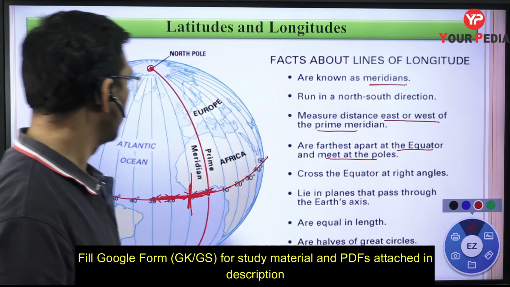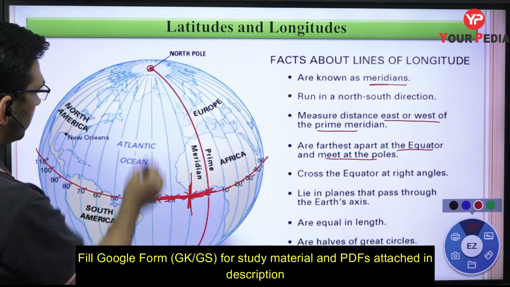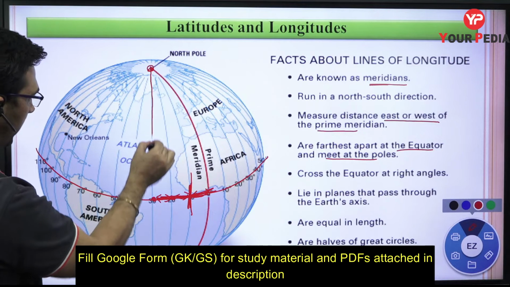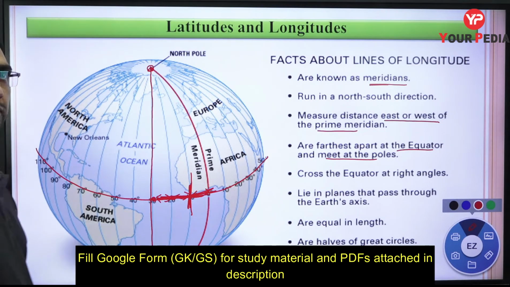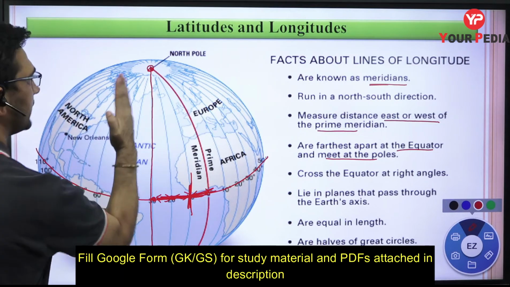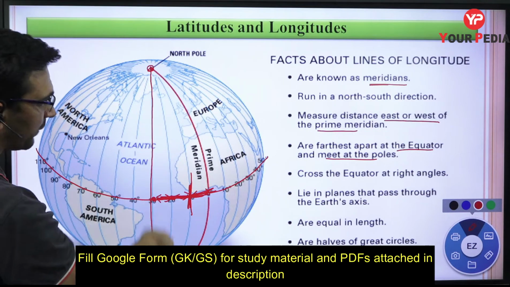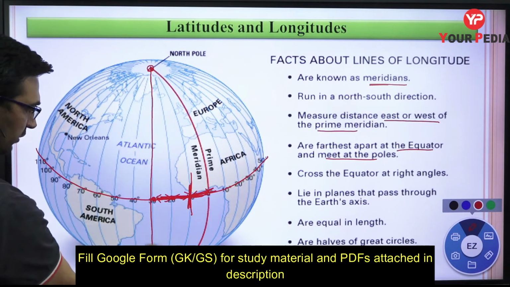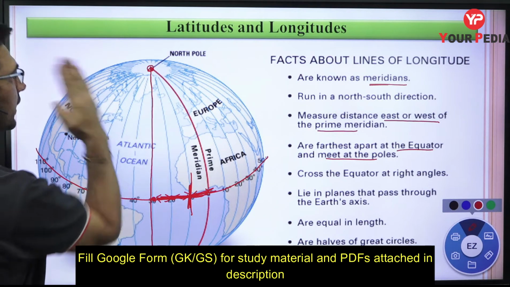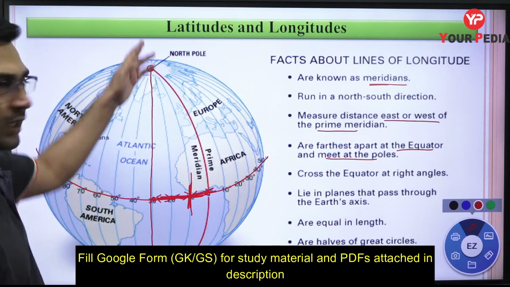Now look, let us say we cut this Earth with a plane this way. If I take a plane and cut the Earth this way, obviously this particular meridian lies on that plane. Even though the meridian is on the surface of the Earth, if I take a plane, the plane will definitely pass through the axis.